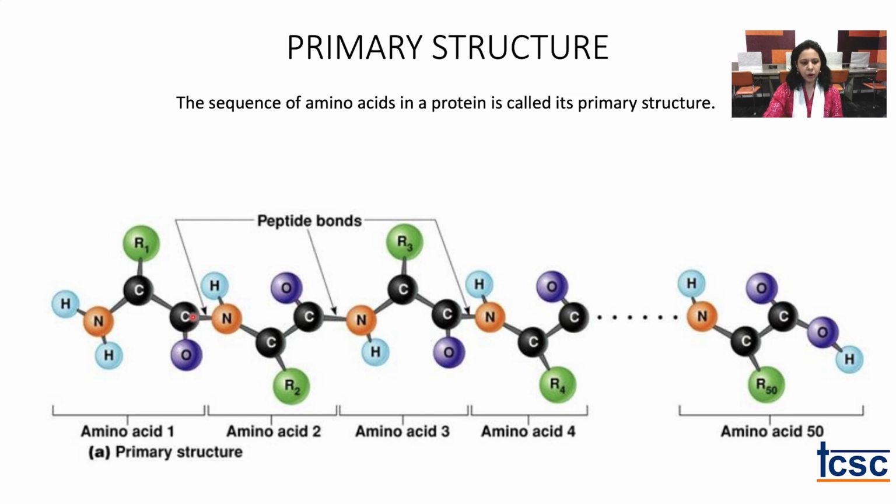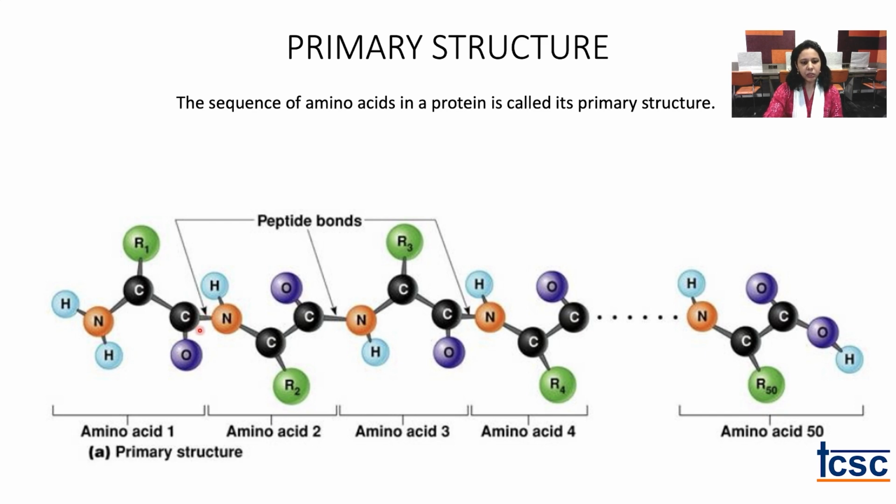The bond is formed by removal of one water molecule, and since water is removed from this structure, these are not called amino acids but amino acid residues. Each of these is known as an amino acid residue, and they are all linked to each other by the peptide bond.